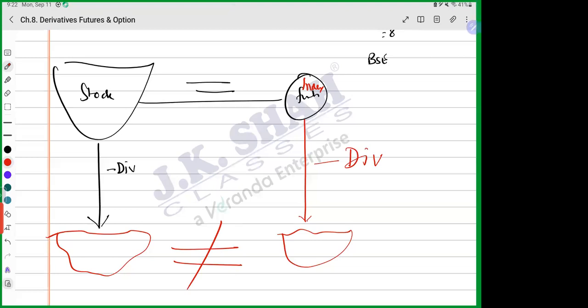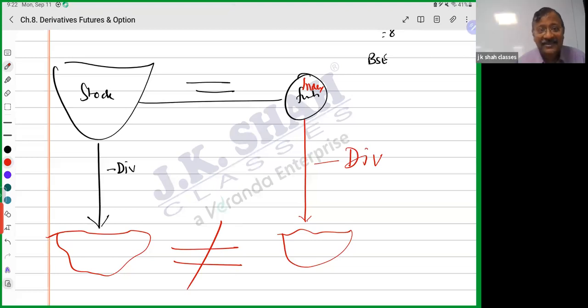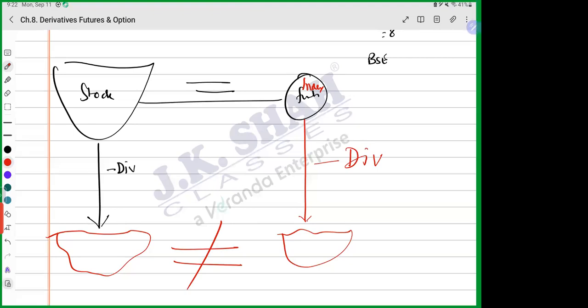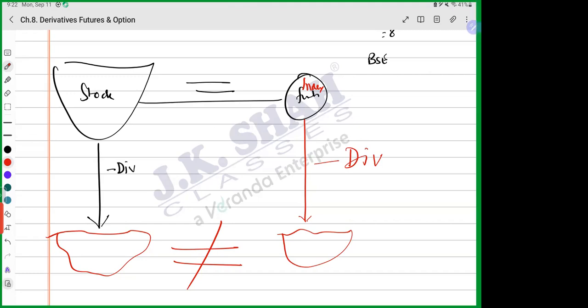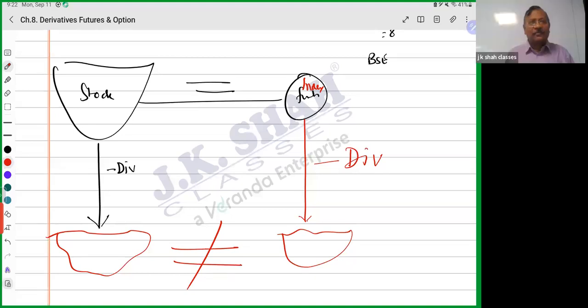But sir, we are not receiving the dividend. हाँ, तो इसीलिए तो मैं R से एडजस्ट कर रहा हूं. Do you agree or not agree that we have to reduce R while calculating index futures? Yes, sir. क्यों? To match the index price. Exactly, because finally the value of the basket must be equal to the value of the individual stocks, whether you're talking about the spot market or the future price.